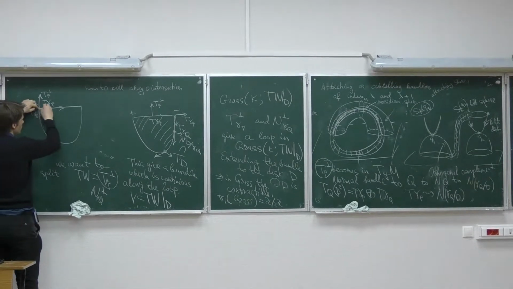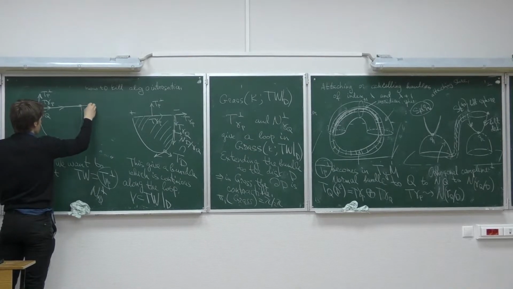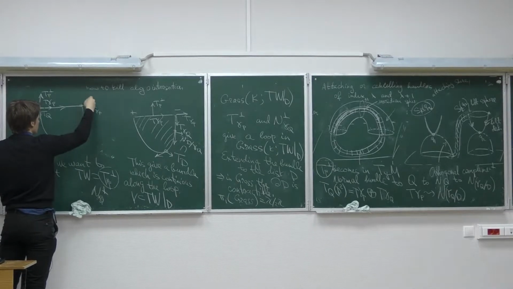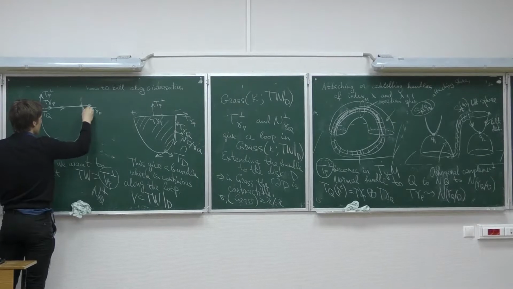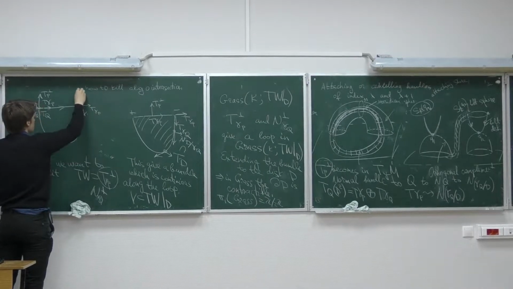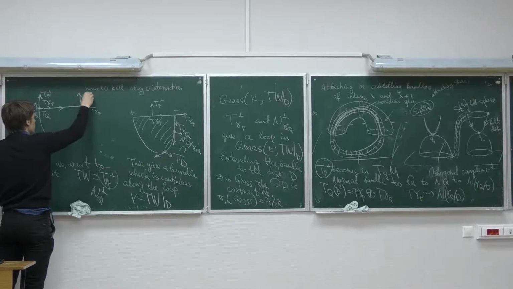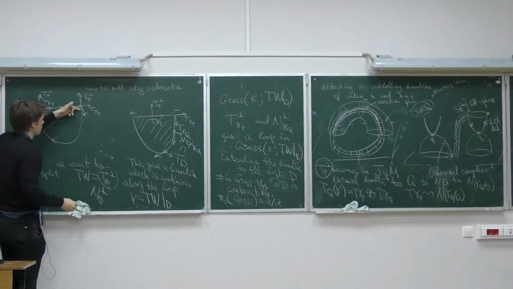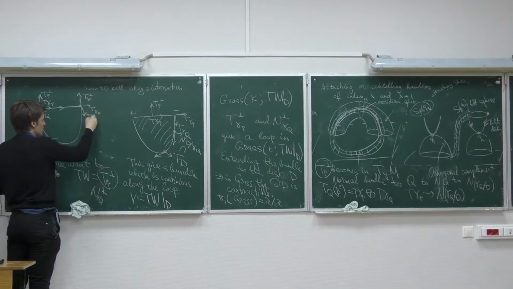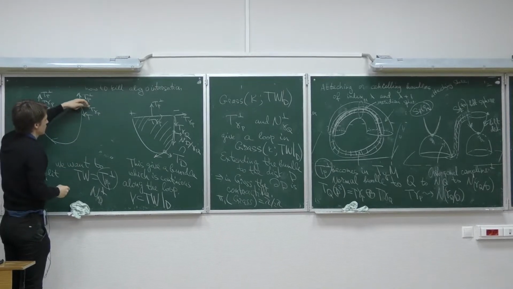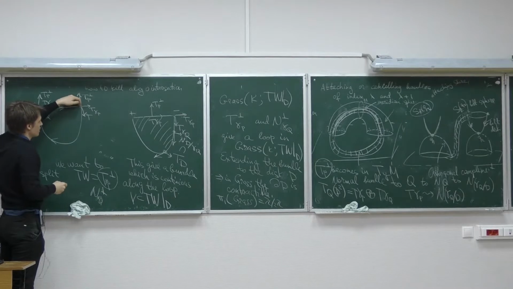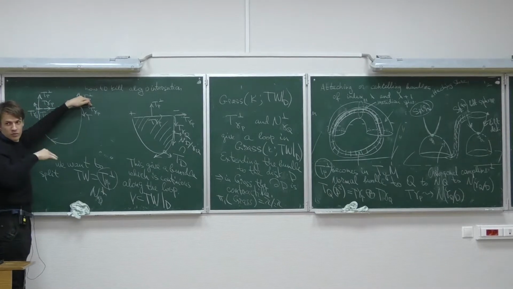But when you move to this part, you change the direction. So the trick is that this Tp is not changed, but the vectors that you have constructed are interchanged: this tangent vector becomes normal and vice versa.